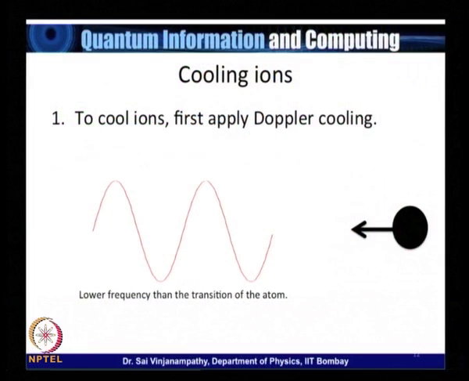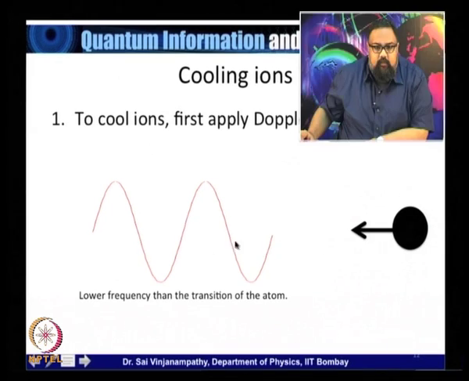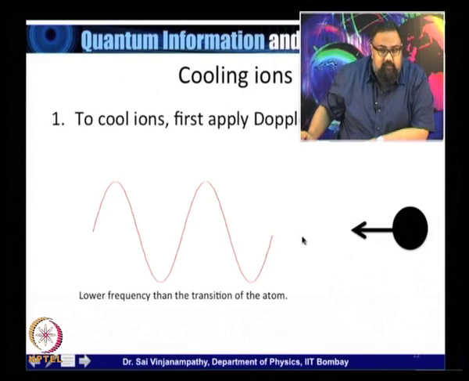Doppler cooling is based on the Doppler effect and is described by the cartoon that is given here. So imagine that an atom is moving in a particular direction, and if electromagnetic radiation is incident on this atom such that it has a lower frequency than the transition of the atom, then because the atom is moving towards the electromagnetic field, it can absorb a photon.